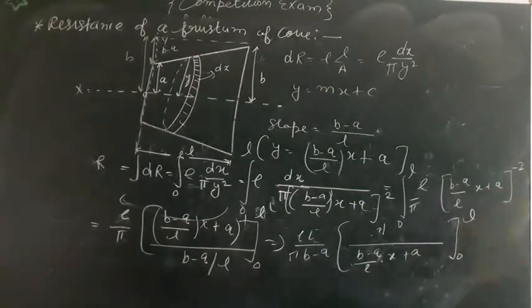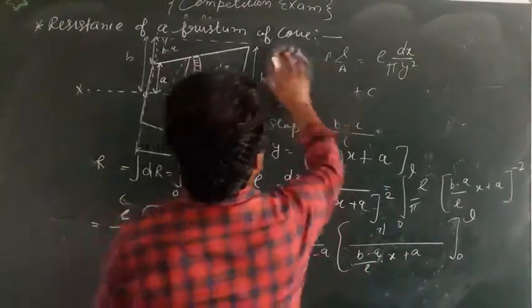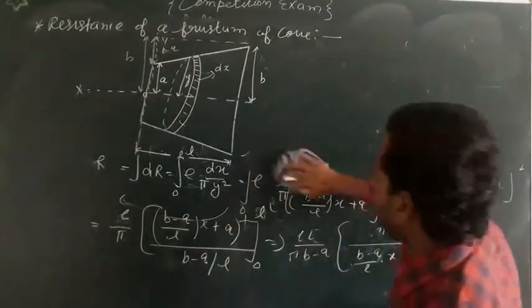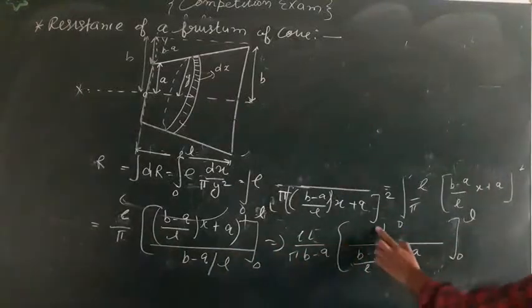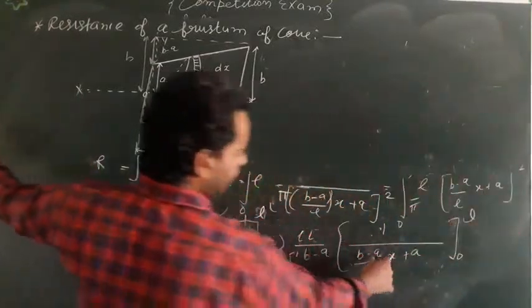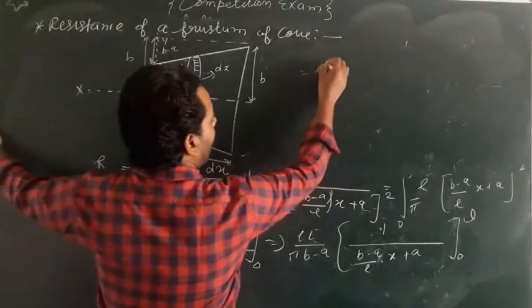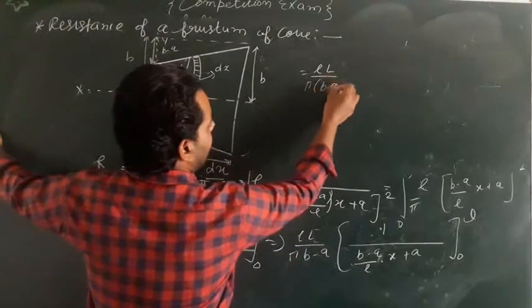So now what we have to do? In that we will put the limit, and after putting the limit we will reach the result. So first we put L. When we put L in place of x, the whole term outside is rho L divided by pi b minus a.